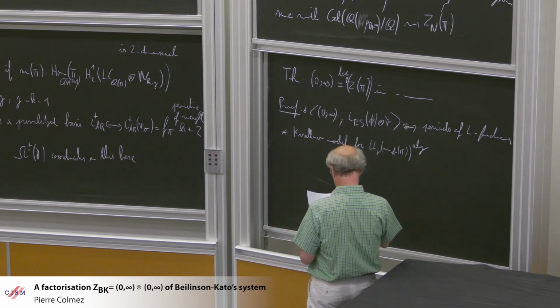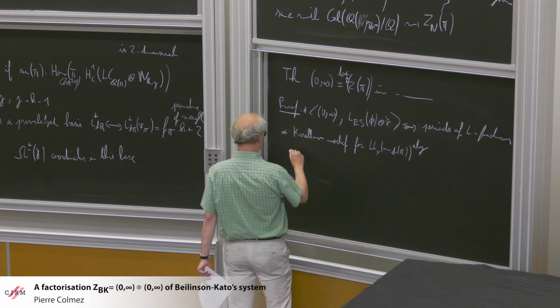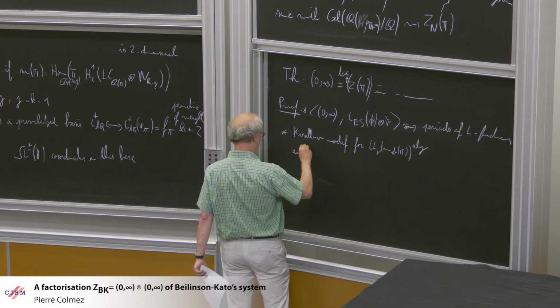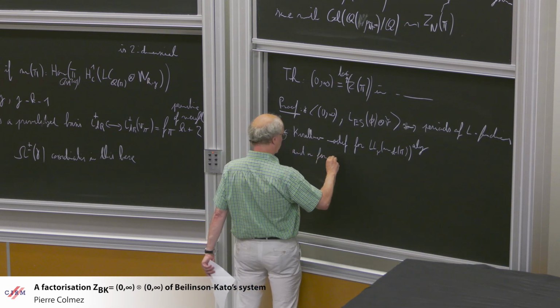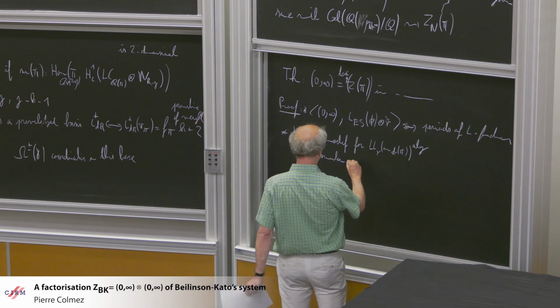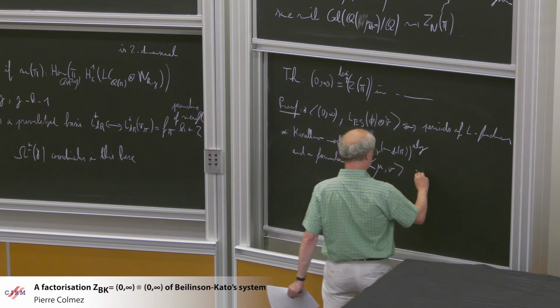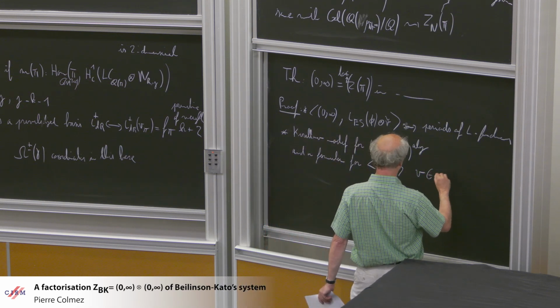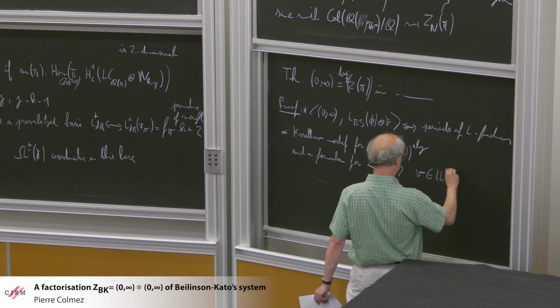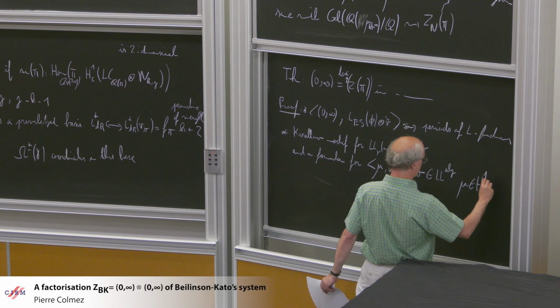So this is done in one of my papers. And you also need a formula for mu of v, where v is locally algebraic and mu is in this Iwasawa module.